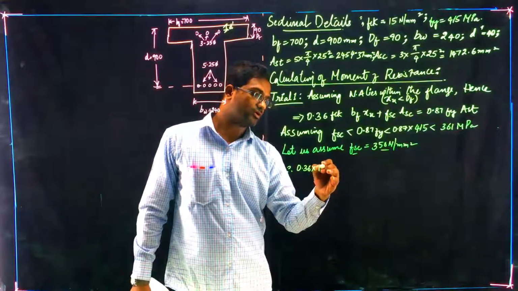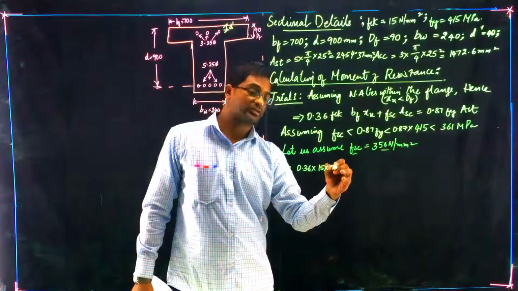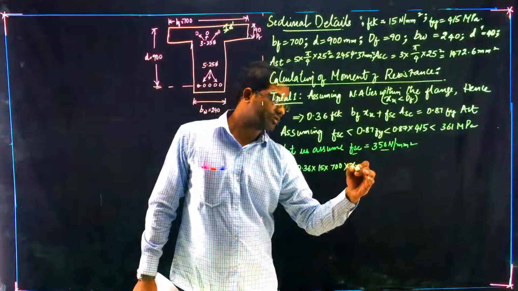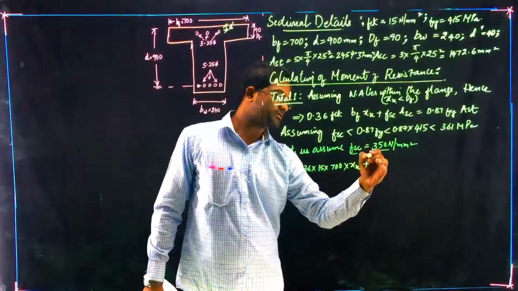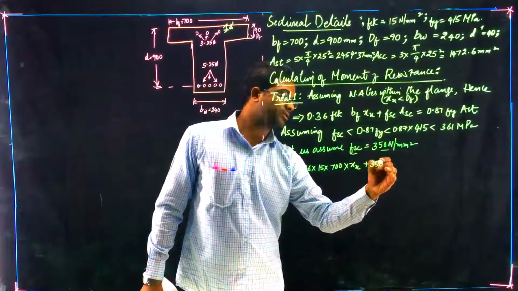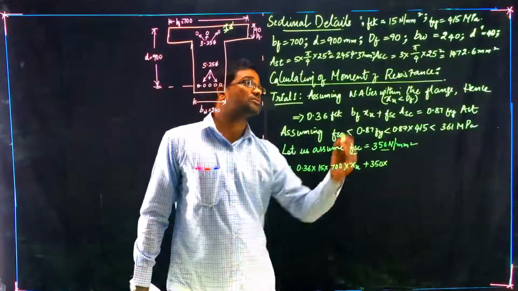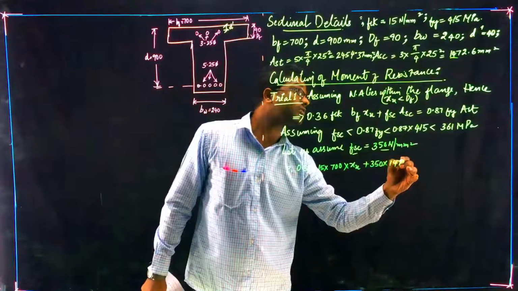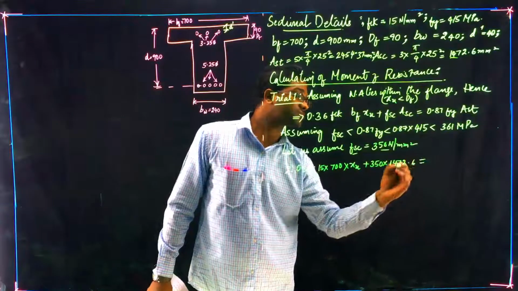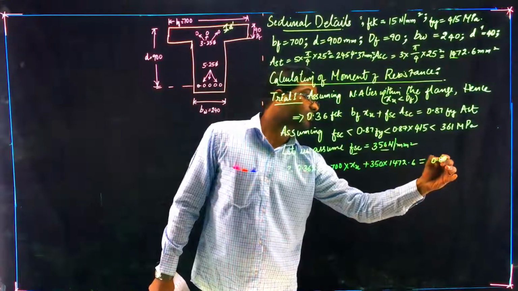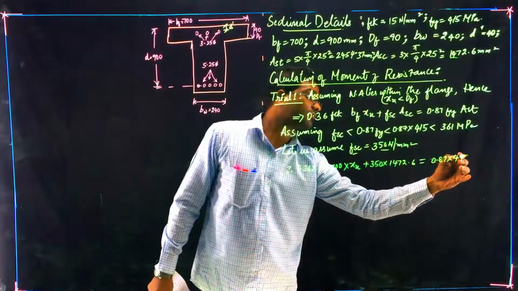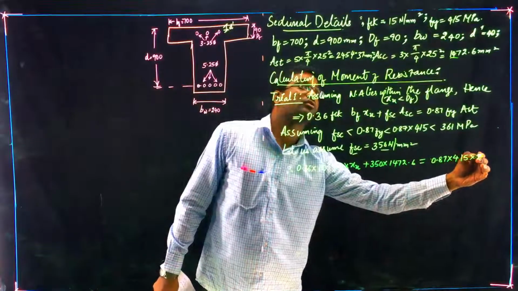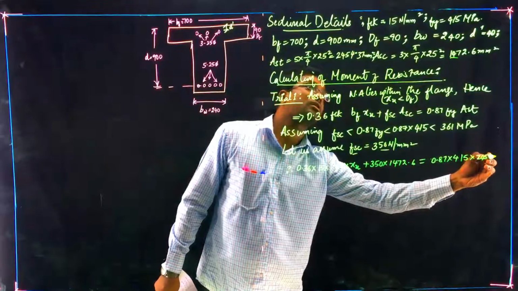0.36 into 15 into 700 into XU, you need to calculate, plus 350 into ASC equals to how much? You got 1472.6 equals 0.87 into 415 into AST, which is 2454.37.